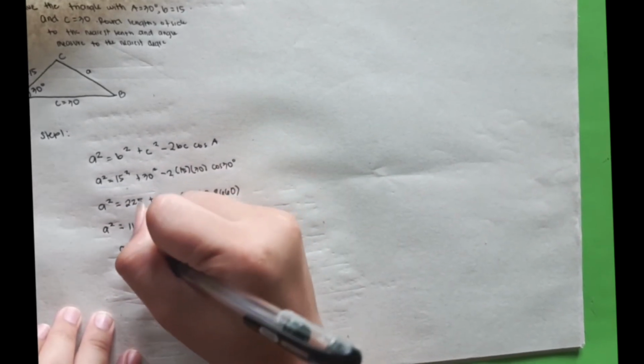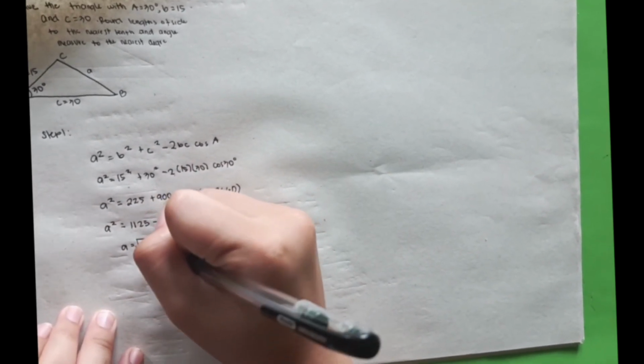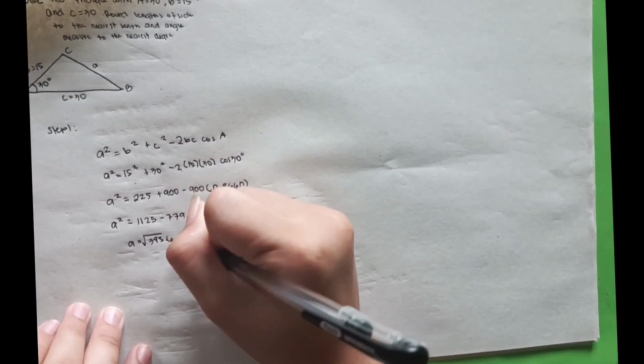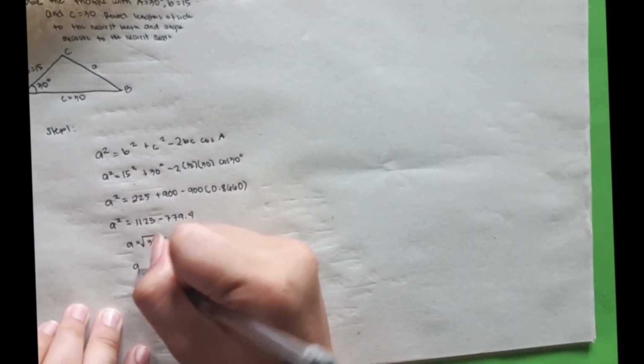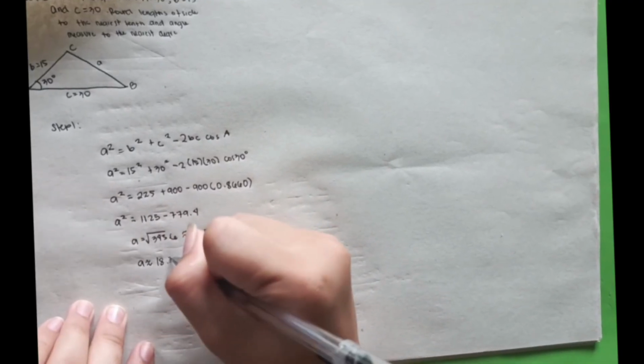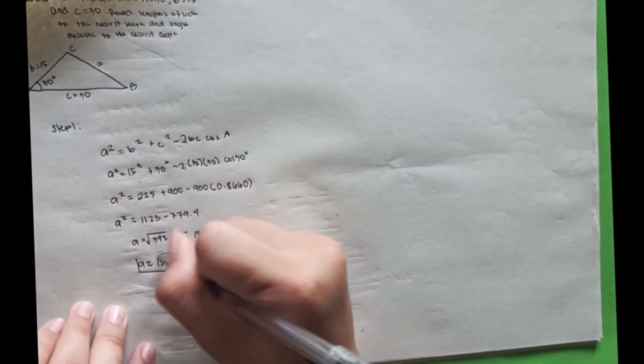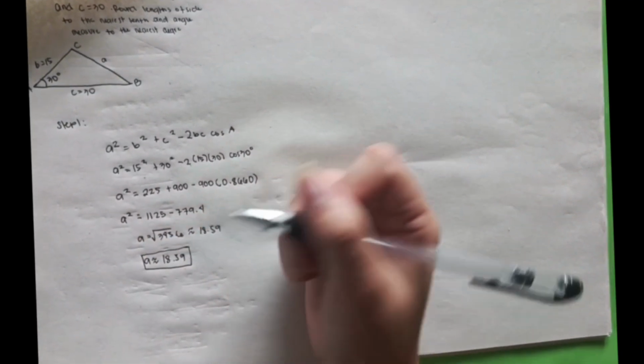And then, after that, we will take the square root of both sides and solve for A. So therefore, side A is approximately equal to 18.59.